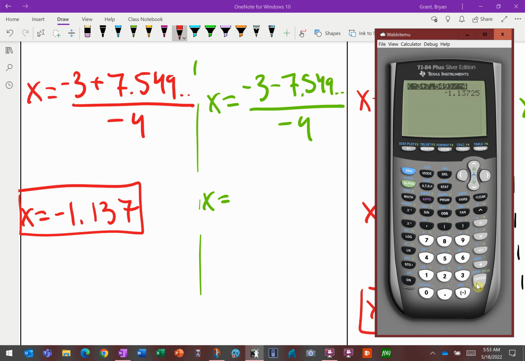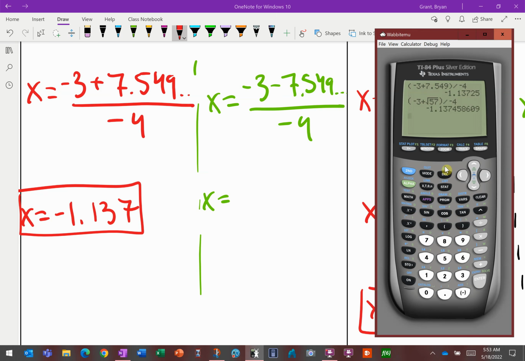So actually, I'm going to copy this down, and all calculators can go back and copy something they've done before. And I'm going to go ahead and type in my square root of 57 instead of the decimal. In fact, that's probably what you should do on a test. Instead of writing a decimal here, why not use the most accurate version, the square root of 57?